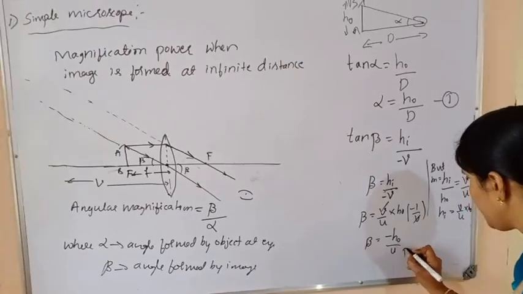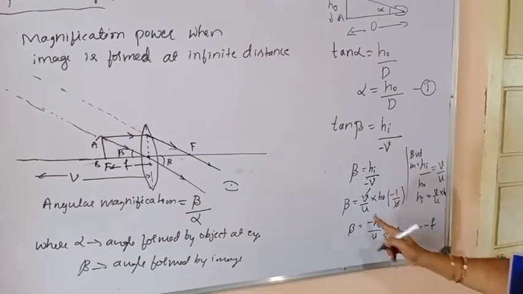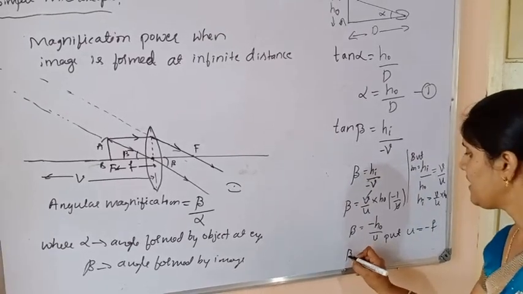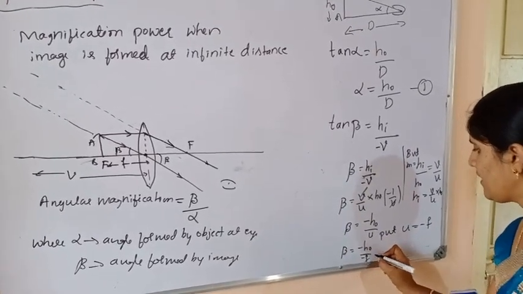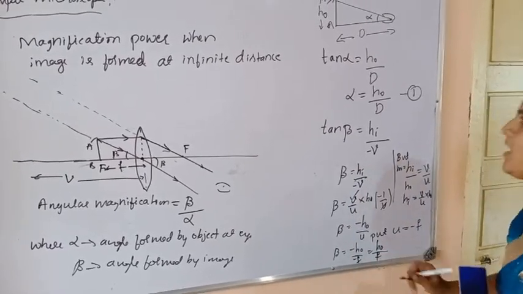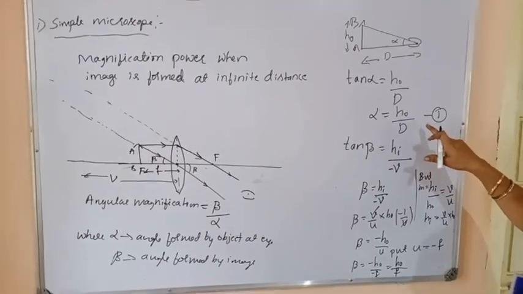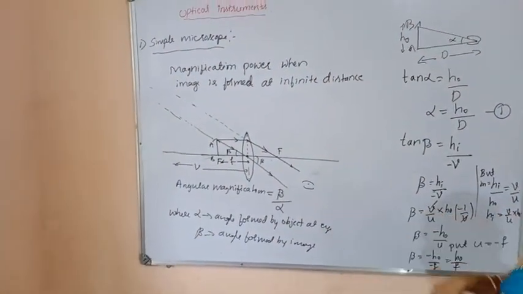Therefore, we put U is equal to minus F. So this equation becomes beta is equal to minus H naught by minus F, that is H naught by F. Now substitute this alpha and beta in the angular magnification.